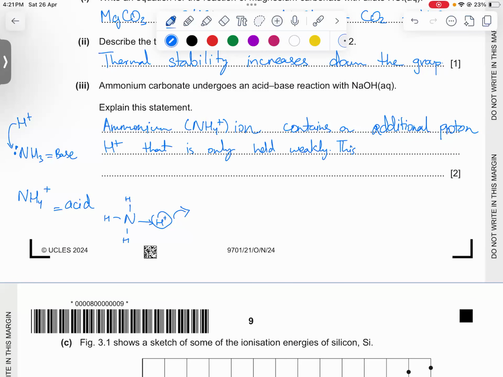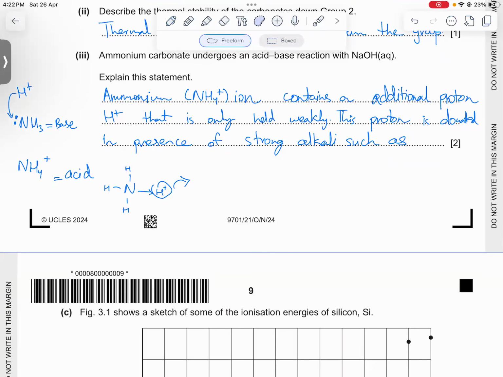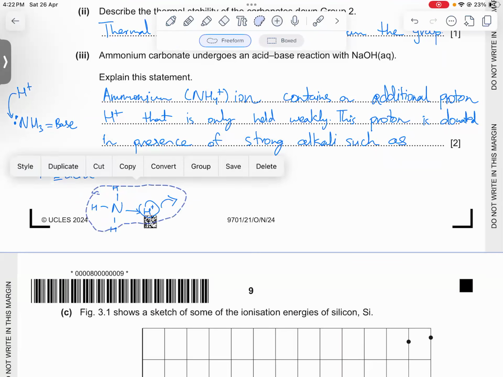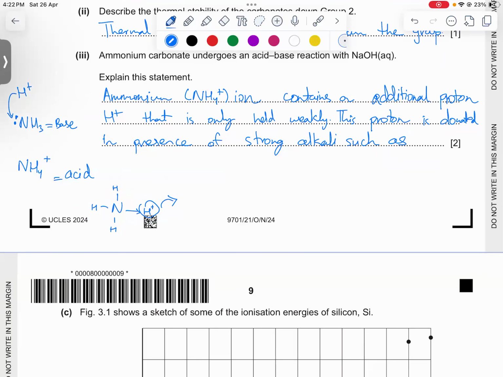This proton is donated in presence of strong alkali such as NaOH.